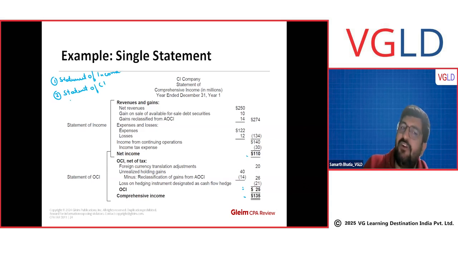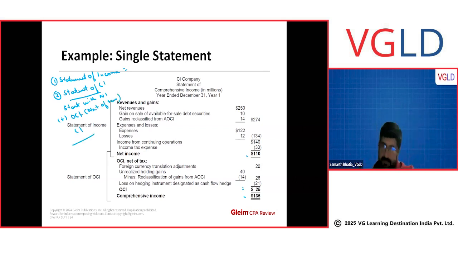This statement of comprehensive income will start with the net income I've calculated here. Then I'll add OCI net of tax, and whatever the final balance is, that is the comprehensive income.